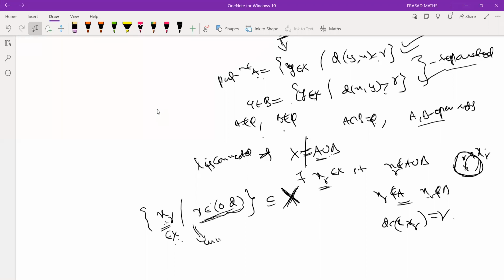Uncountably many, because once you give me r, we can find x_r, and once you give me another r, I can find another x_r.